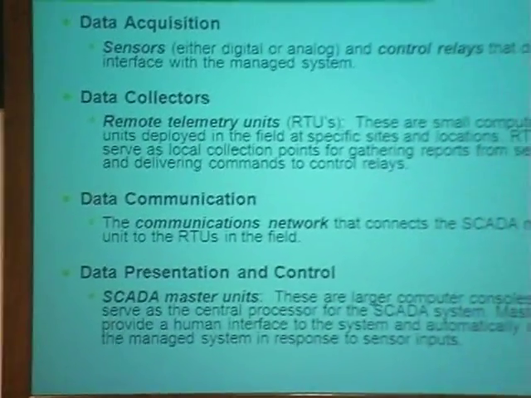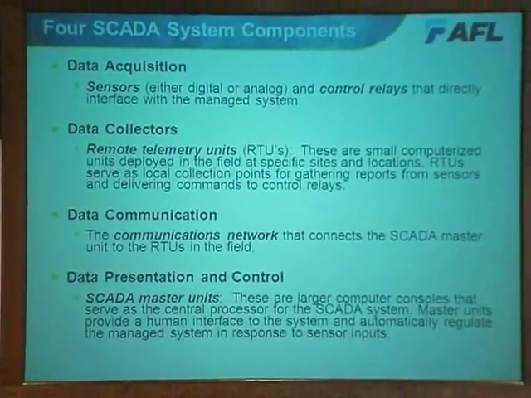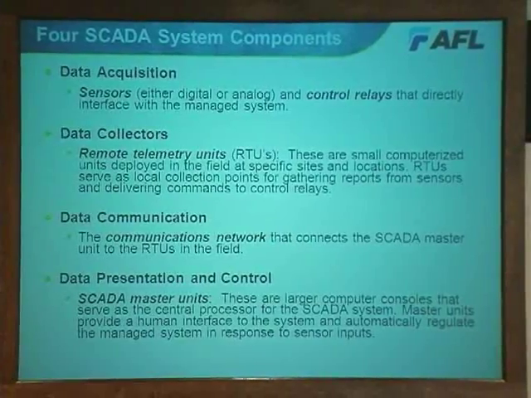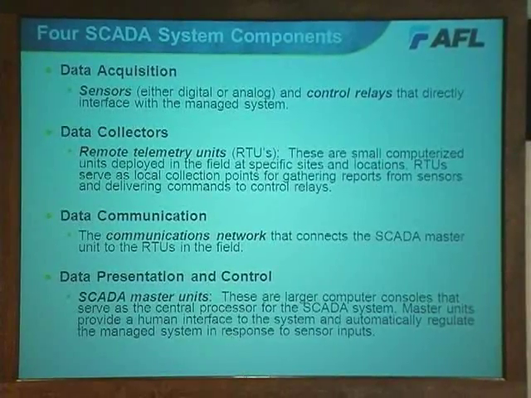Now when you think about the different piece parts, we'll break it into just four components for you to think about. One is the data acquisition part. You've got to have a sensor out there or a relay to be able to get that information back. I want to know in that previous example, and we'll show it again, how much water is flowing through a pipe.